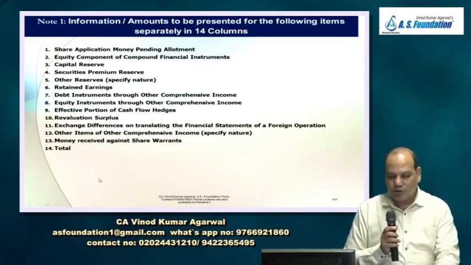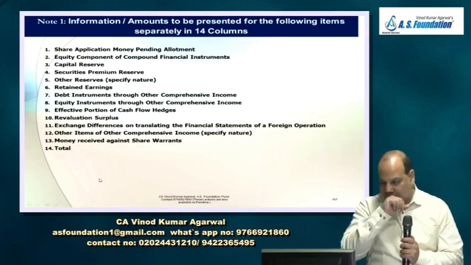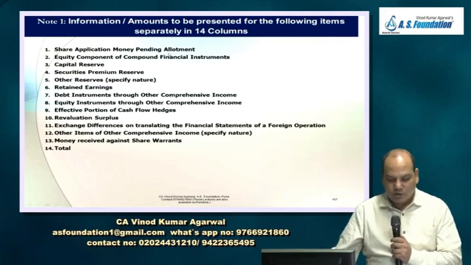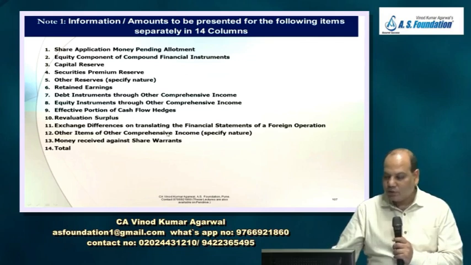In that column number 1 to 14, you can write, for example, share application money pending allotment, equity component of compound financial instrument, capital reserve, securities premium, other reserve, retained earning, debt instrument through OCI, equity instrument through OCI, effective portion of cash flow hedge, revaluation surplus, exchange difference on translating the financial statement of a foreign operation, other items of OCI specifying the nature, money received against share warrant, total.